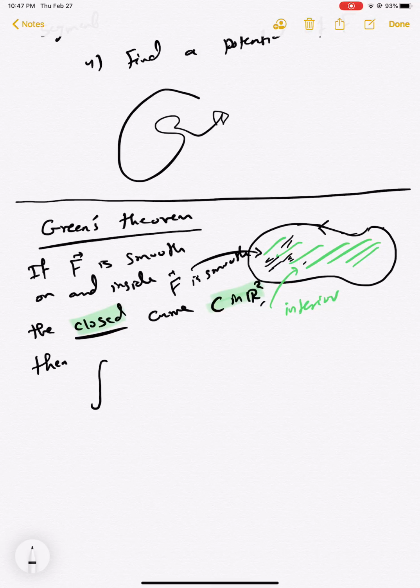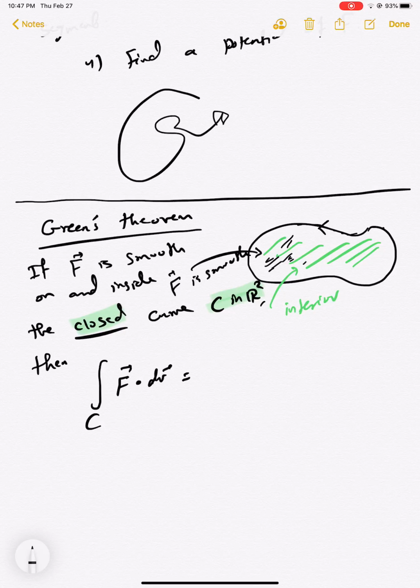Then, this is what Green's theorem says. It says the integral over C of f dot dr is, now please remember, if the function was conservative, this integral is what? It is always 0. Now we're not assuming conservative, we're just saying the function is smooth.